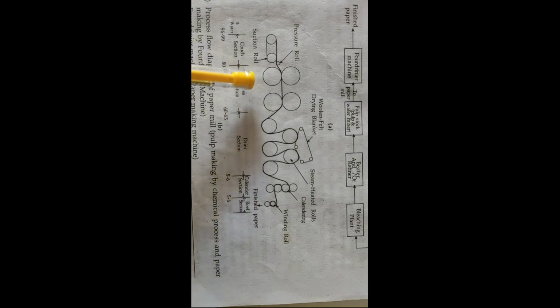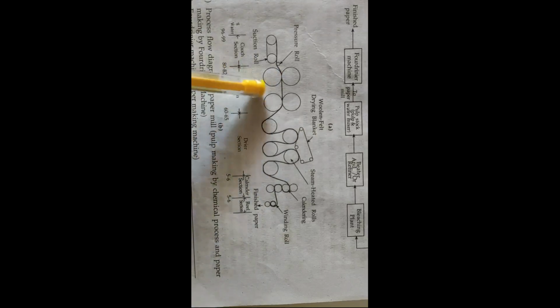So see here, while entering, it is about 80 to 82% water. When it has passed through, it will have 60 to 65% water. Okay, so it also removes moisture or water content from the pulp.